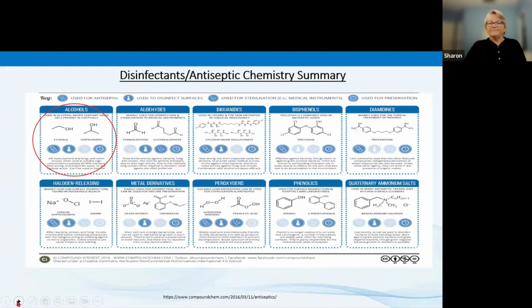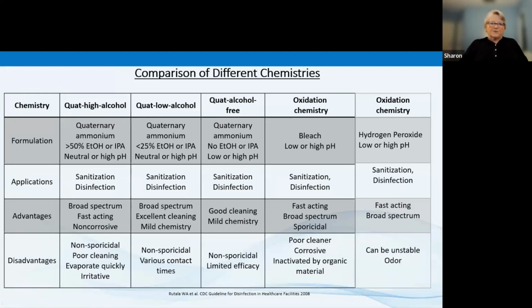Then we have our halogen releasing products, which are bleach. And we have our peroxygens, which are hydrogen peroxide, and our quaternary ammonium salts, which are our quat products. Okay, so when you're selecting a disinfectant, it's important to understand the pros and cons of the different chemistries.